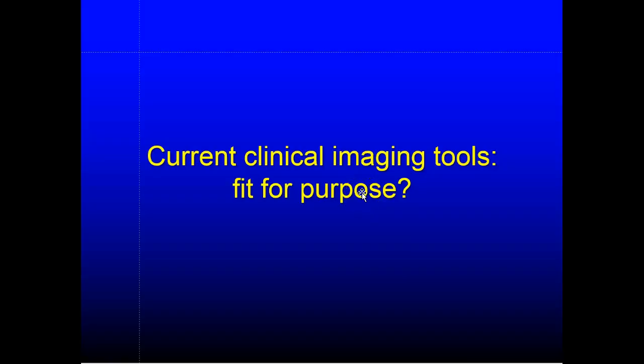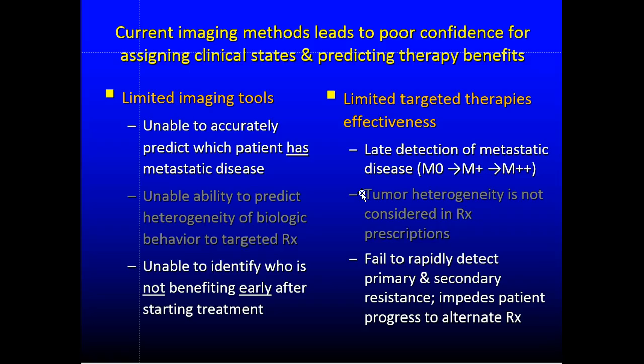So can we conclude that because there's all this evidence, the current imaging tools are in fact fit for purpose? We already have very good evidence for this. Well, I would contest that current imaging in fact leads to poor confidence for assigning the clinical state and for predicting therapy benefits. Current imaging technologies such as bone scans and CT scans are unable to accurately predict who has metastatic disease.